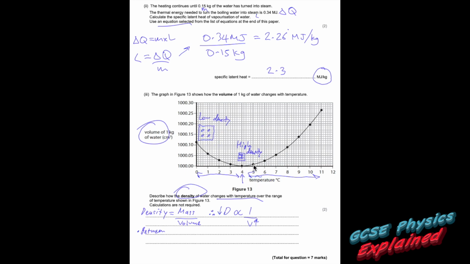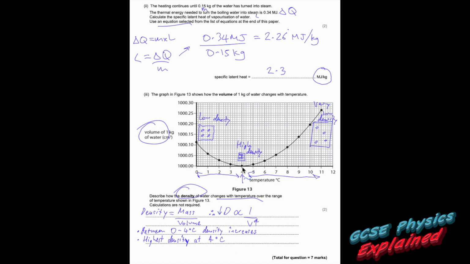Look at this bit here. As the volume gets much, much bigger, I've still got the same number of particles, 4, but look at how much space they've got. So here the density is very low. And we just need to write that down and we'll get our marks. At 4 degrees C, it's at its highest density.